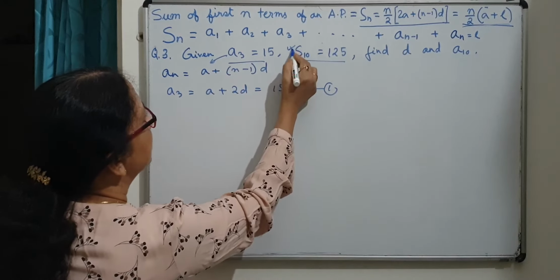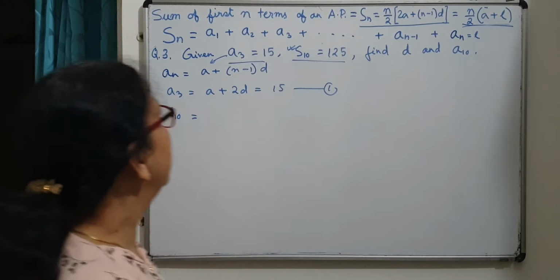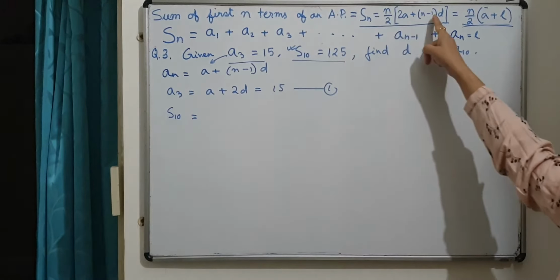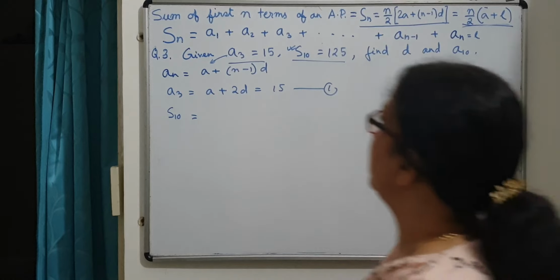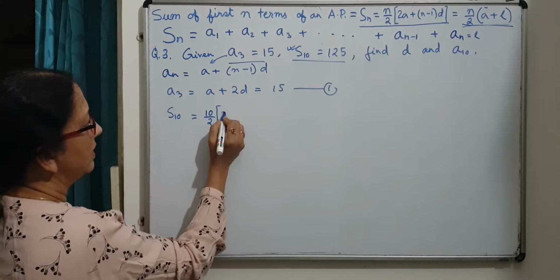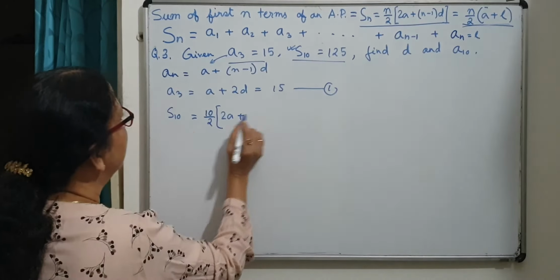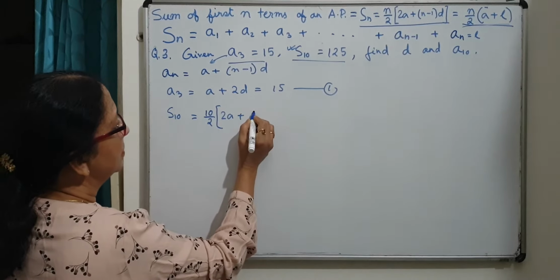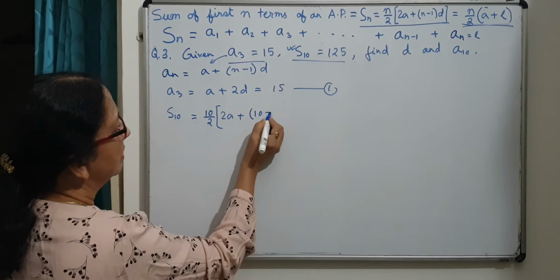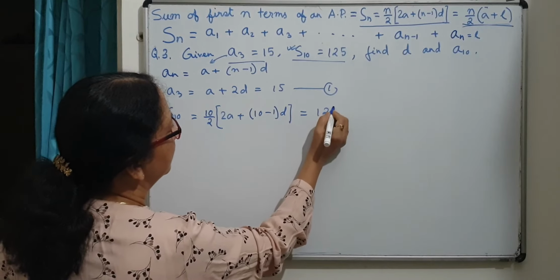Now I'll be using this S10. Which formula will I use for S10? In terms of A and D, I'll be using this formula, n by 2, that means 10 is your n. So 10 by 2, twice A plus n minus 1 into D, n is your 10, so it is 10 minus 1 into D, that is given to be 125.